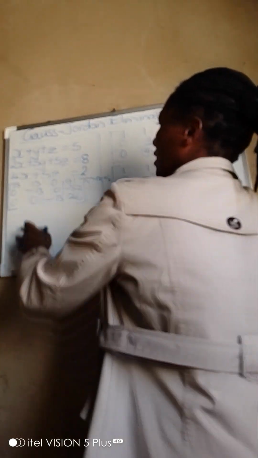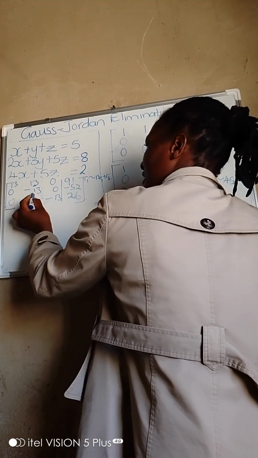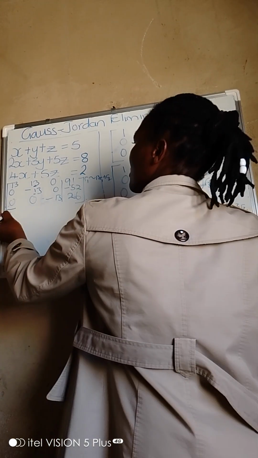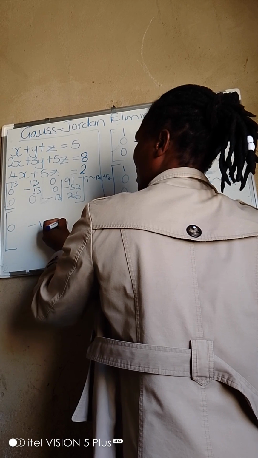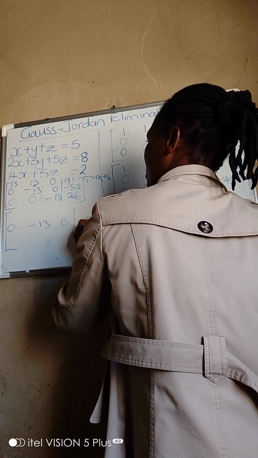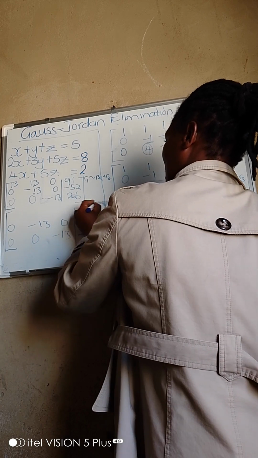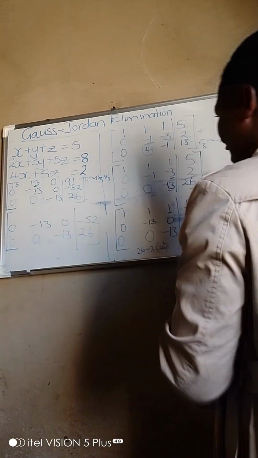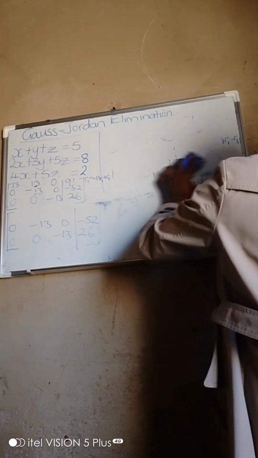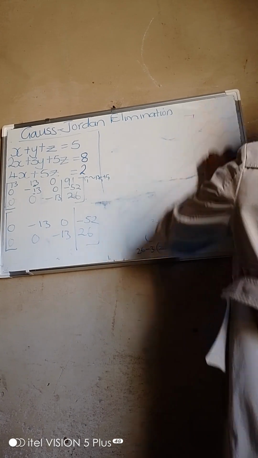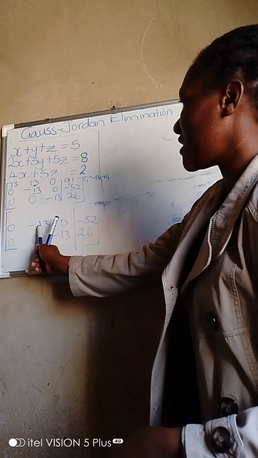Right. We are going to reduce this to a 0. Our pivot is minus 13. So we have 0 minus 13, 0 minus 52, 0, 0 minus 13, 26. Right, to reduce that, remember our pivot is minus 13.